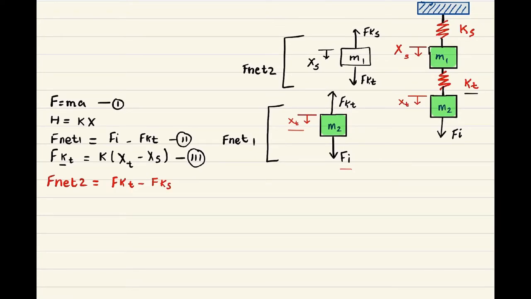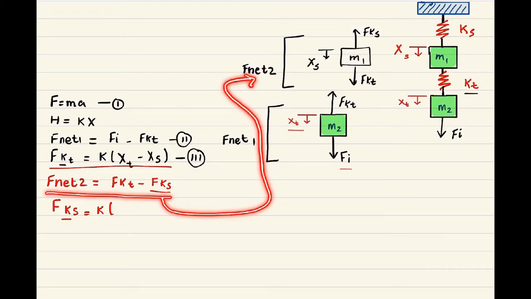So now we got our Fkt already here, but we don't have our Fks, and for Fks we are going to have the same spring constant, which means k times the displacement.